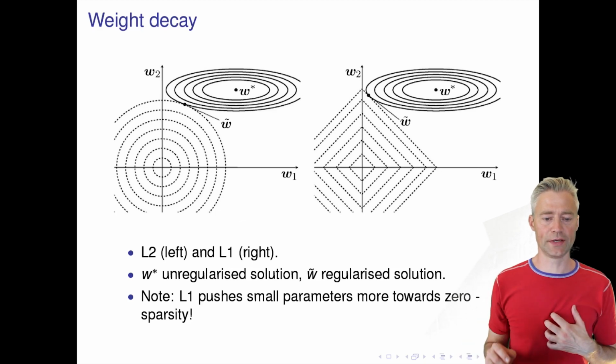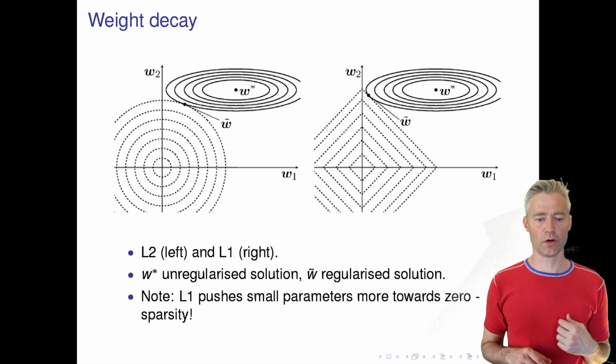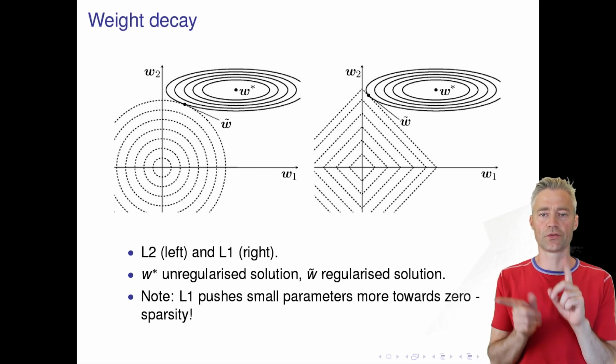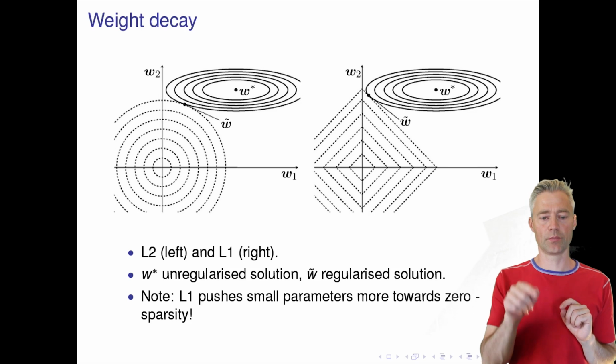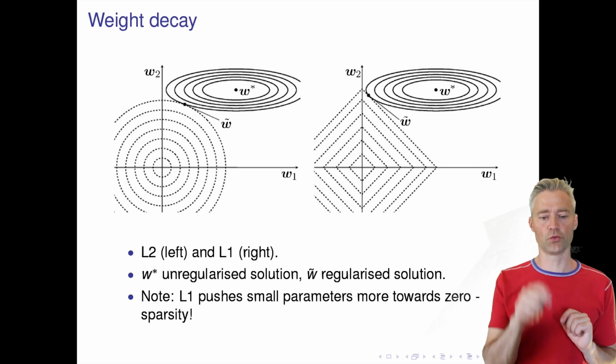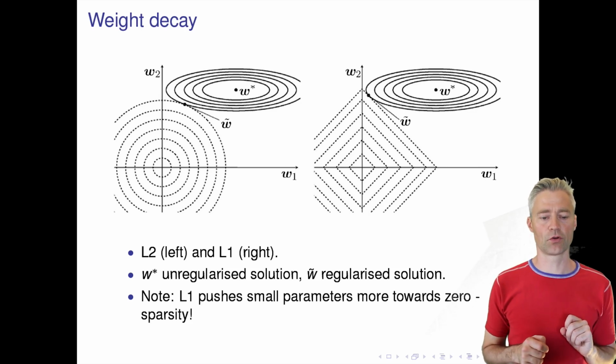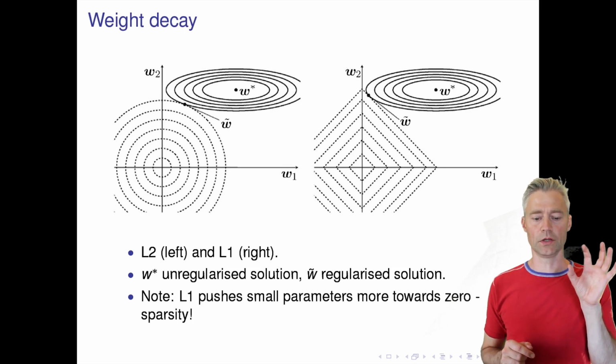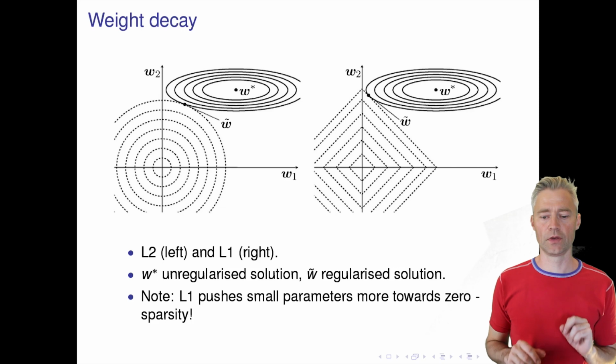This is illustrated here. You can see we have our maximum likelihood solution in this two-dimensional example, indicated by these contour lines and this W star. Then if we add regularization, on the left we have L2 regularization, on the right we have L1.